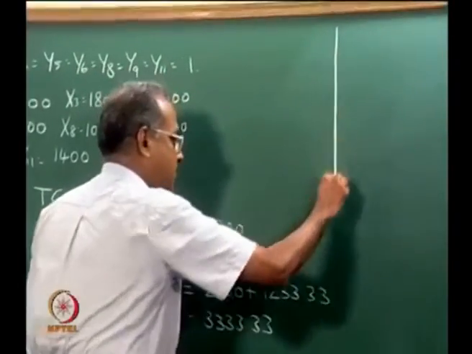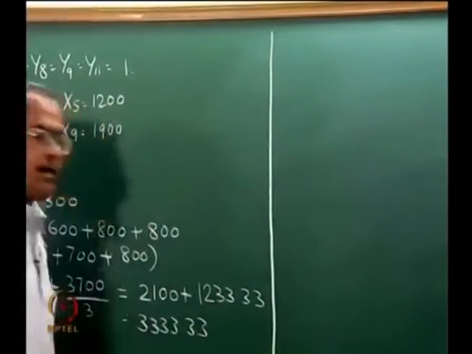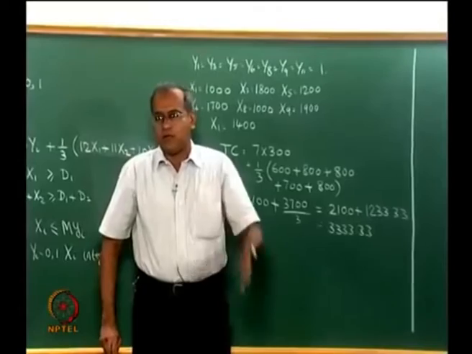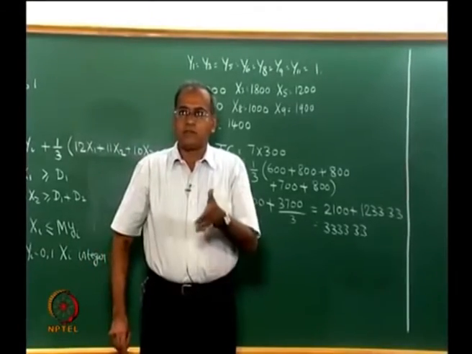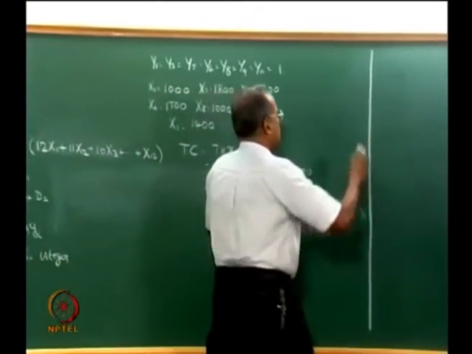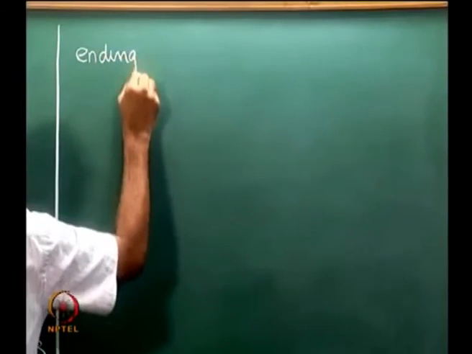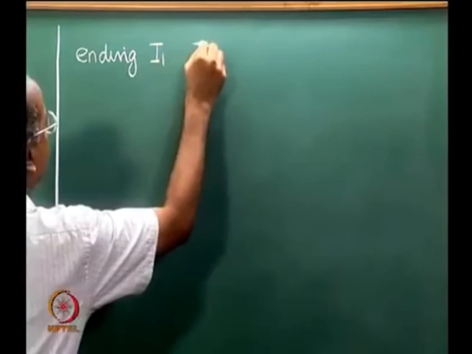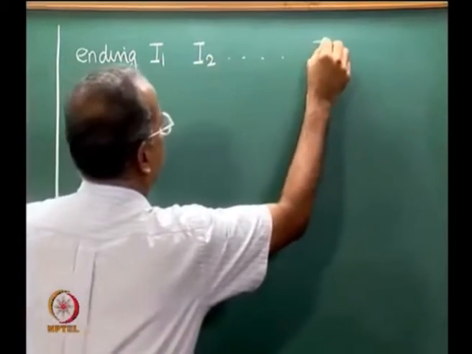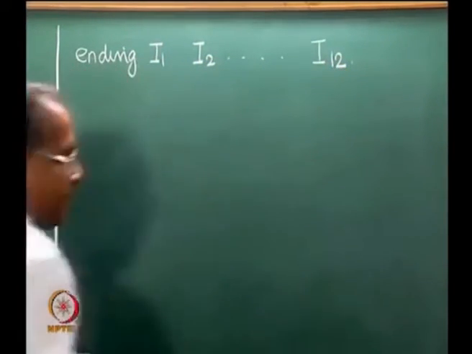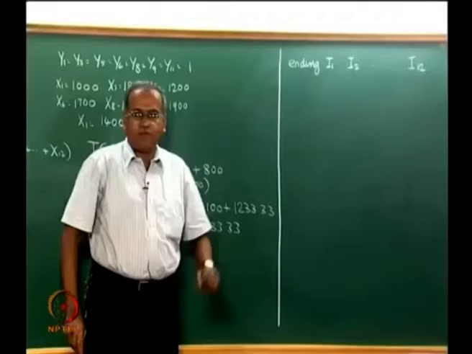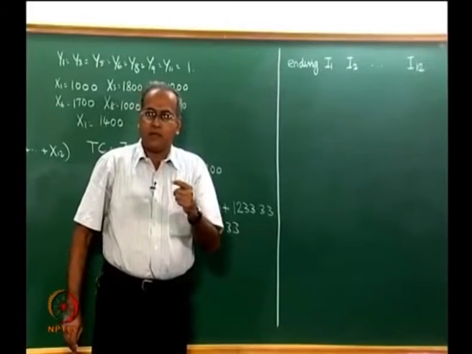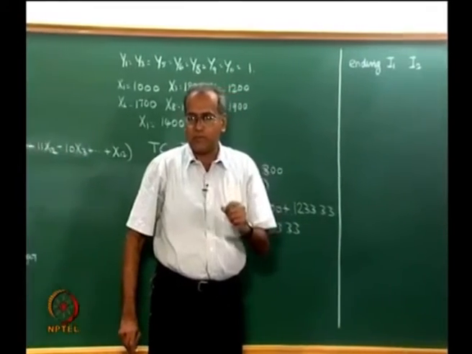So to begin with, we will assume that I1, I2 up to I12 are the 12 values of the ending inventory. Now if we take the first period, the beginning inventory is 0.